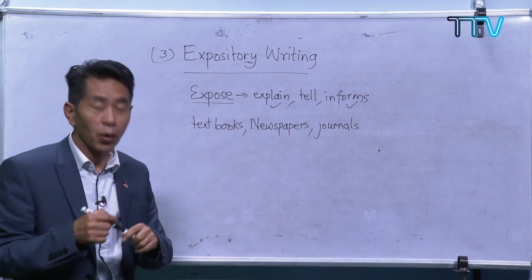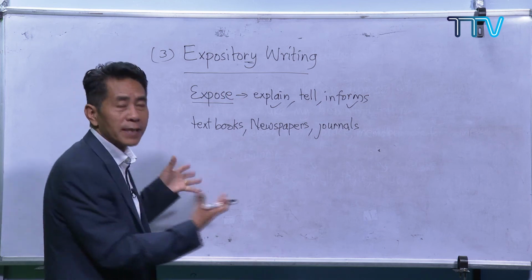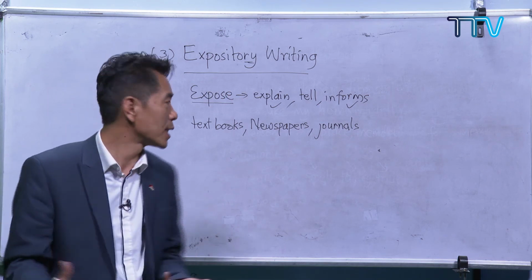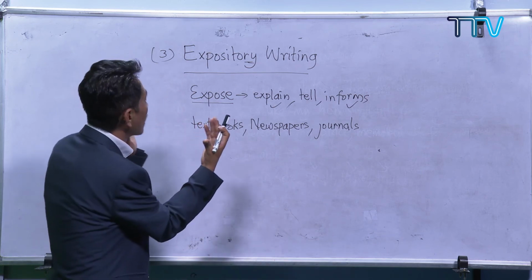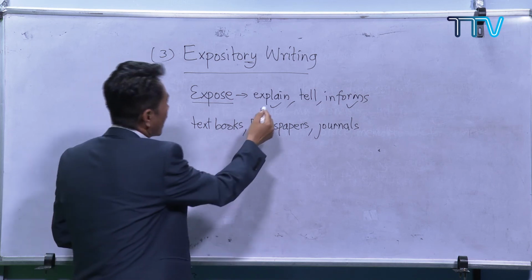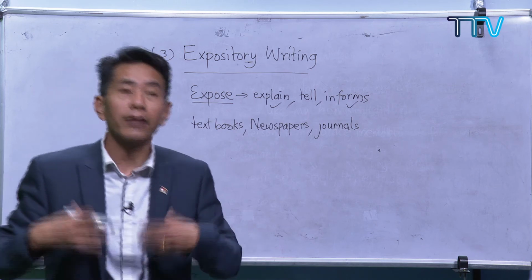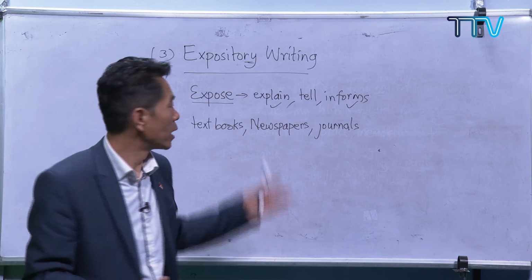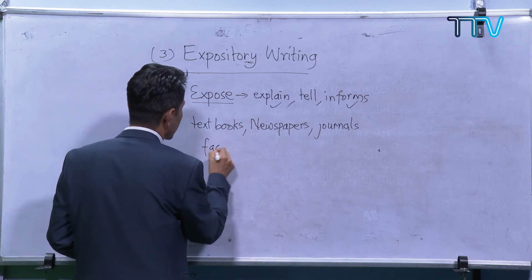So in all the textbooks we have some content material, for example physics or science or English or geography or accountancy, mathematics. Now all these come under expository writing because these textbooks explain and inform. And you cannot create your own opinion here. But here we have to deal with different types of facts.